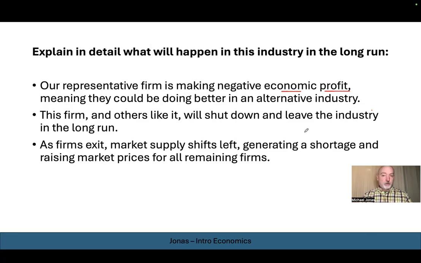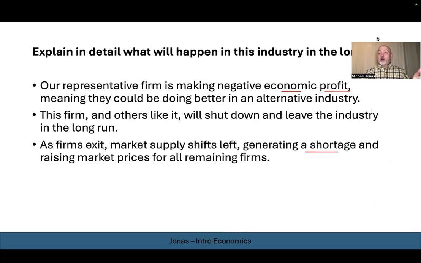And now you're back in week 2 of the semester. When a supply curve shifts to the left, that creates a shortage at the initial price, and that's going to start to put upward pressure on prices. So the firms that haven't left yet can now charge a higher price, and that gap between cost per unit and revenue per unit is going to start to shrink.